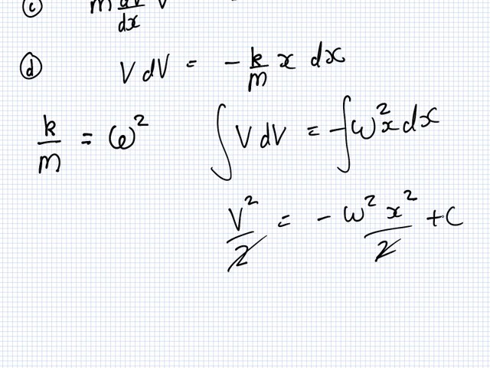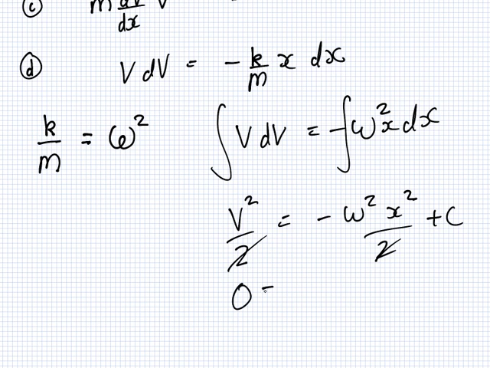So we will imagine that the spring is pulled out and released. If I pull it out and release it, at the beginning, what's the x for the spring? It's the amplitude, the maximum. And what's the velocity? 0.